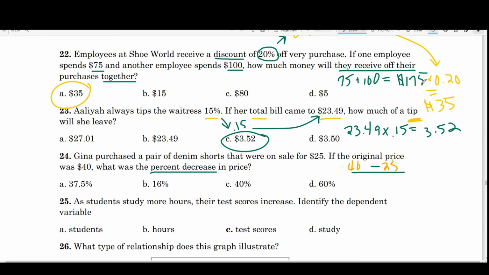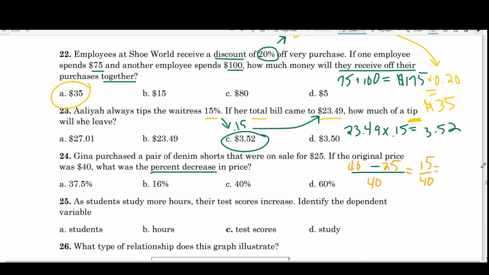All right, now we need to decide what was the original value. So if we go back and look at the question, it says Gina purchased a pair of denim shorts that were on sale for $25 if the original price was 40. So original is the starting point. So we're going to divide by the 40. All right, 40 minus 25 is 15. Then we do 15 divided by 40 because we need to convert our fraction to a percent.